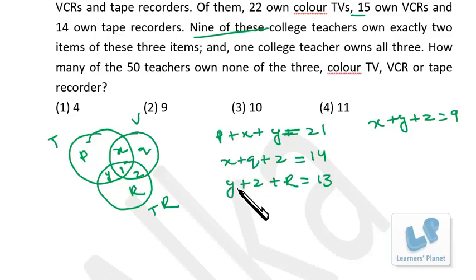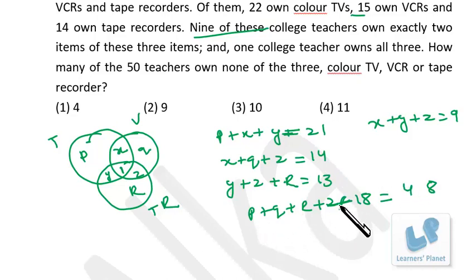Now if we add up all these three, what we will be getting is p plus q plus r plus 2 times x plus y plus z, right? So I can put the value of x plus y plus z over here. That is 2 into 9, that is 18, and that is equal to 21 plus 14 plus 13, that is 48.